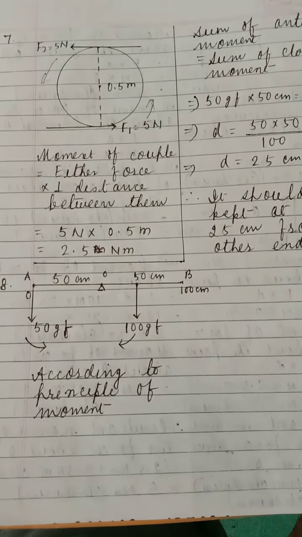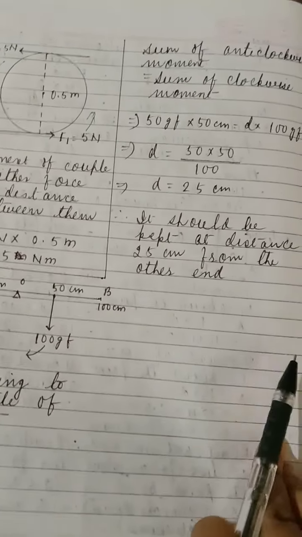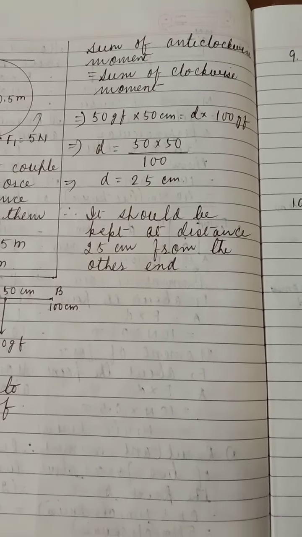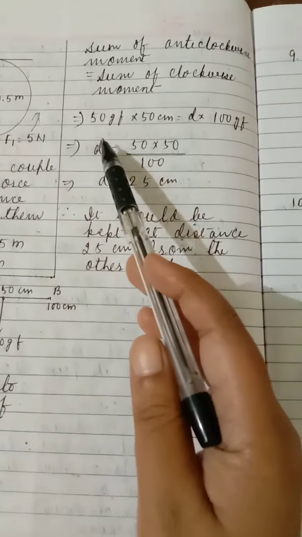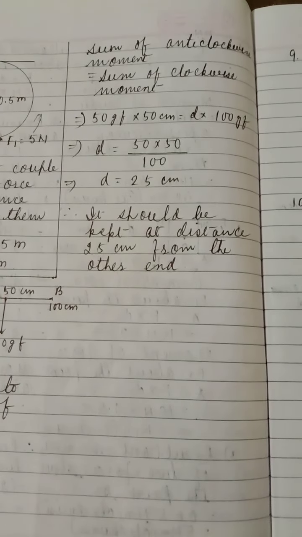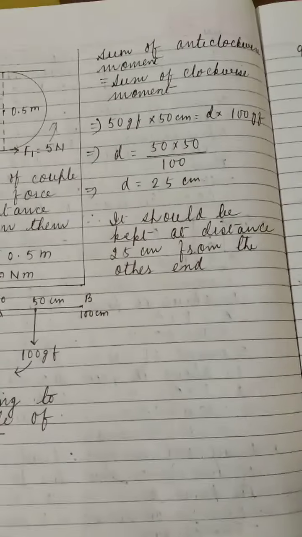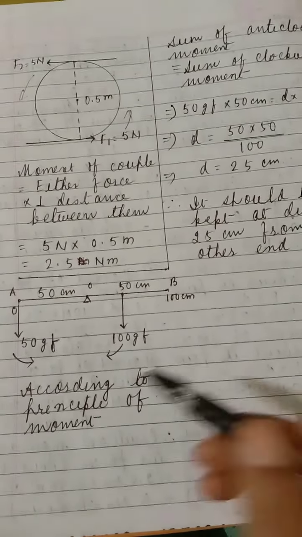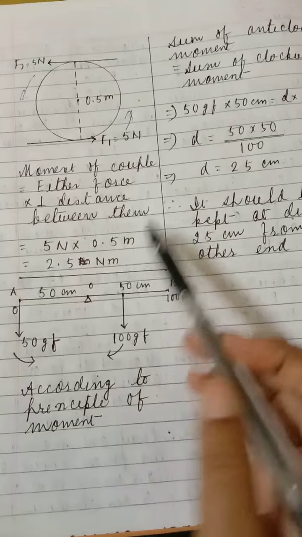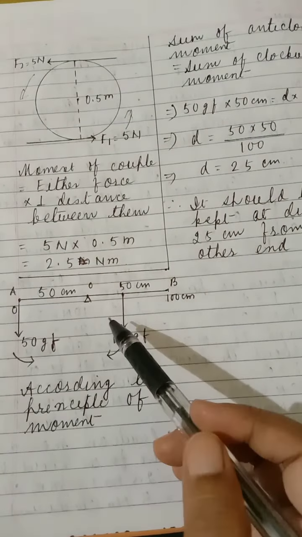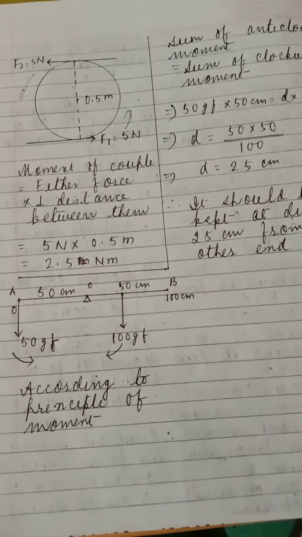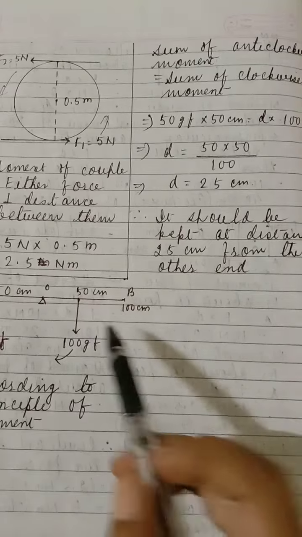Now according to the principle of moments, the sum of anti-clockwise moments equals the sum of clockwise moments. We know the moment's formula: force into perpendicular distance. So 50 GF is the force and the distance from here is 50 centimeter. So 50 GF into 50 centimeter equals 100 GF, which we have suspended, into the distance D we have to find.